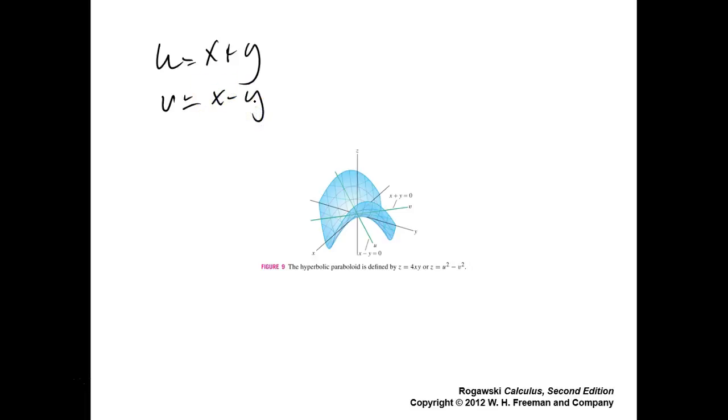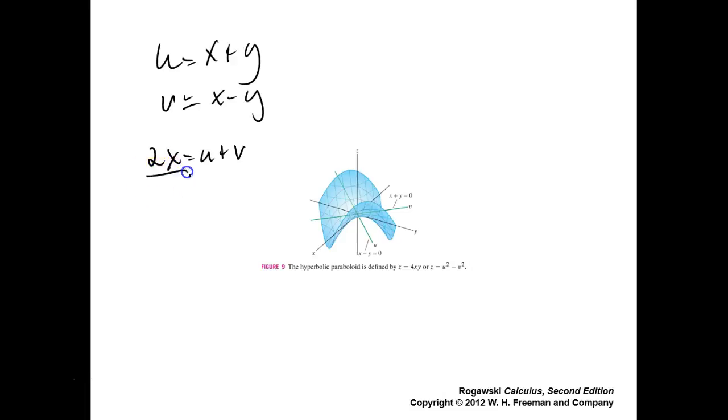Okay, now you might say, how does that yield this? Well, if you solve this for x, which you could do by adding these 2 together, right? You add those 2 equations together, what does that give you? 2x is equal to u plus v, right?